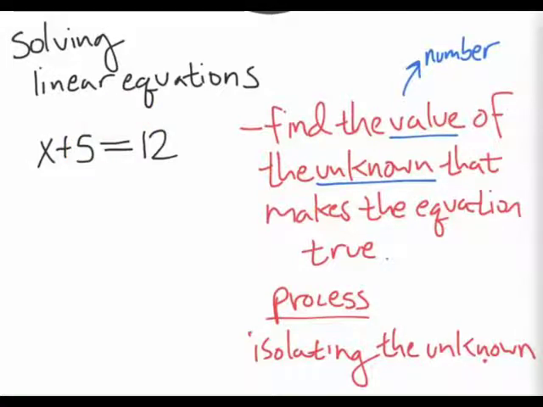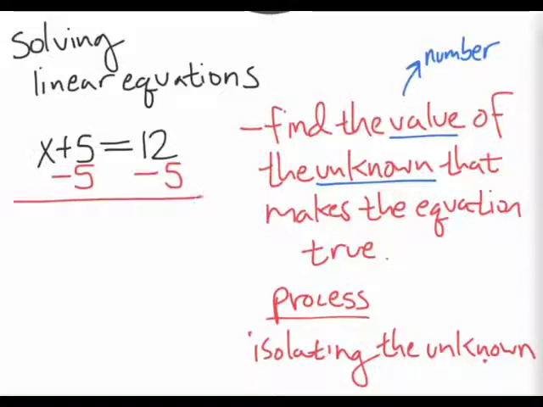And the way to do that is to do the opposite of what you see. So in this case we are adding 5 to our unknown. So to move the 5 to the other side of the equation, we have to subtract 5. But we have to make sure to subtract 5 from both sides of the equation.